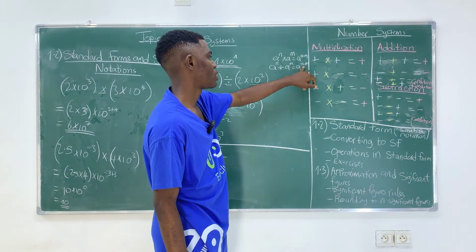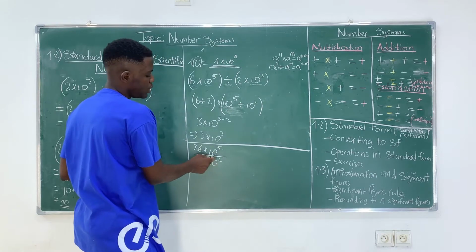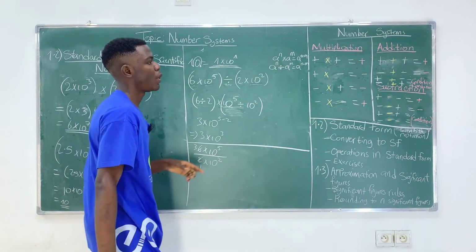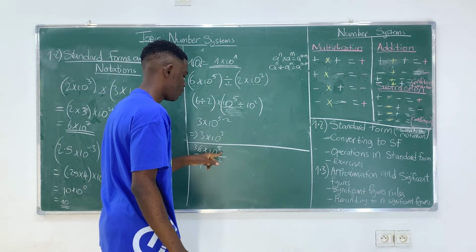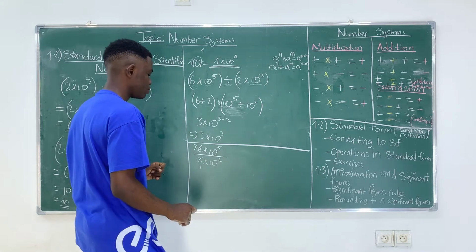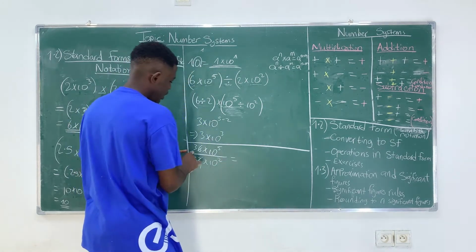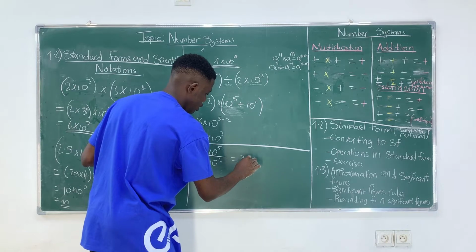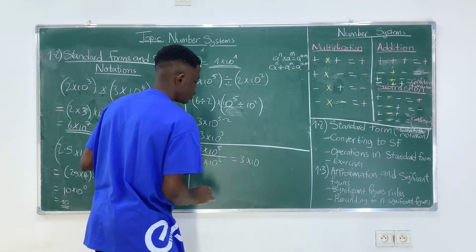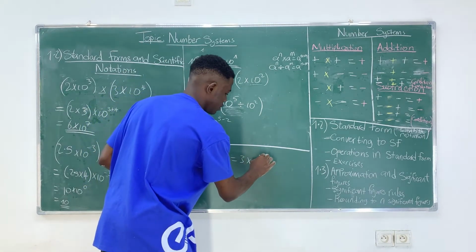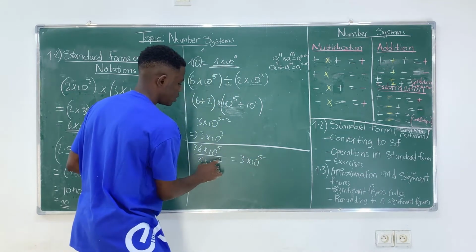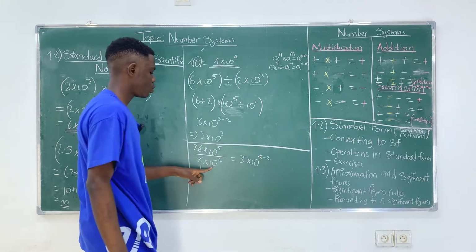You see, because the base is the same. The base is 10, 10, 10. The powers are different, so I'll subtract the powers. I have 5 minus 2, which is going to be 3. So the answer here is going to be 3 times 10 to the power this 5 minus this 2.